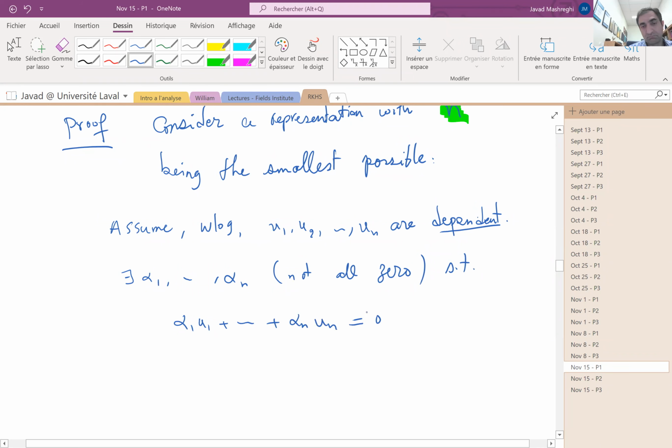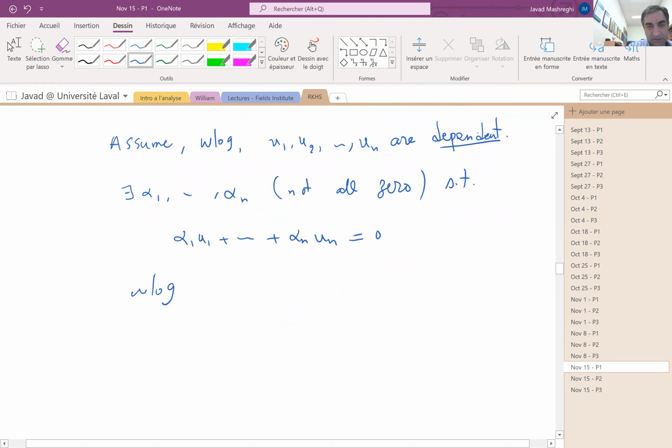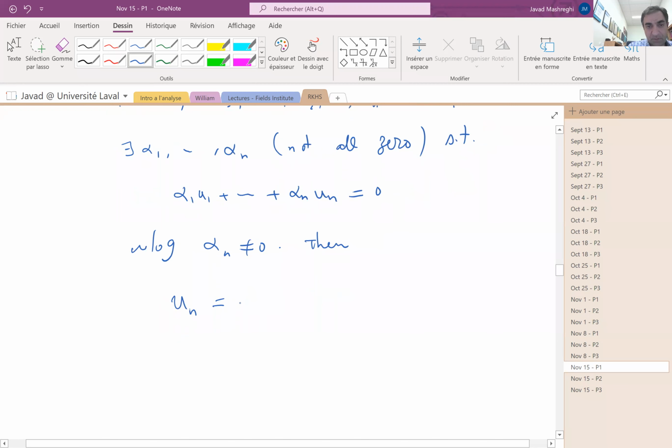One of them is non-zero, again without loss of generality. For example, assume that alpha n is not equal to 0. Then you can write un as a linear combination of the others: minus alpha 1 over alpha n u1, minus alpha n minus 1 over alpha n un minus 1.